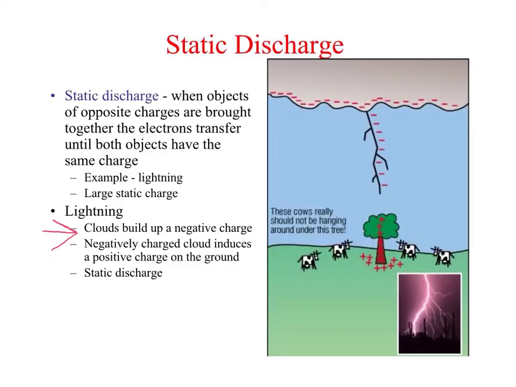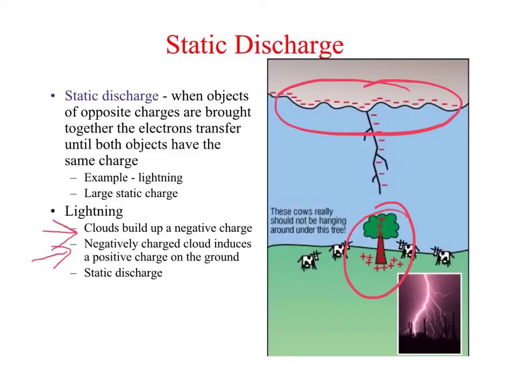And then what happens is by induction, the ground becomes positively charged because the clouds are negatively charged. And remember that induction rule, the clouds have such a big charge and they cause the ground to become positive. And then there's a static discharge, just like the doorknob, where these electrons want to flow to the opposite charge because opposite charges attract. And that's when you get the big lightning bolt, the quick, super fast flow of electrons to discharge that static energy.